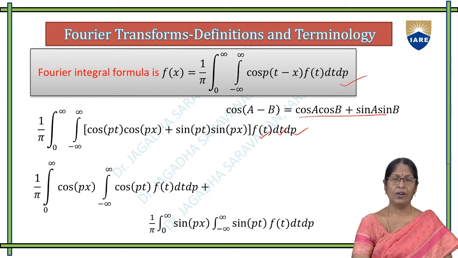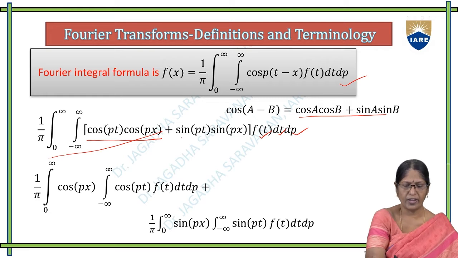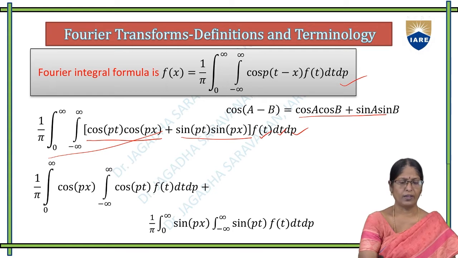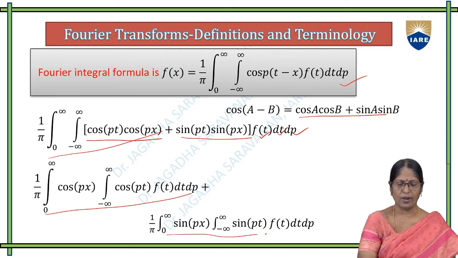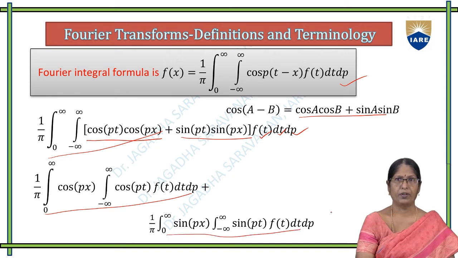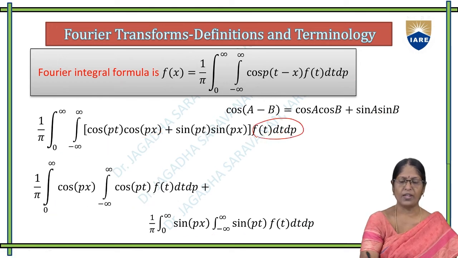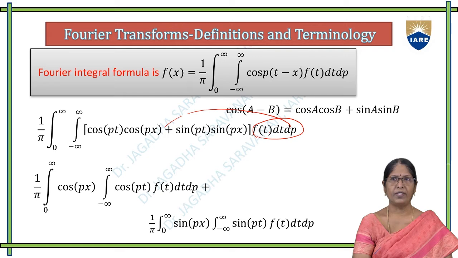Up to here, we are going to write as one term, the first integral completely, and this we consider as the second integral. Every term is the same: this f of t dt dp we brought here, and next this into f of t dt dp.